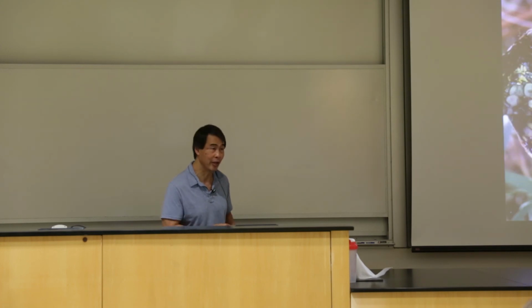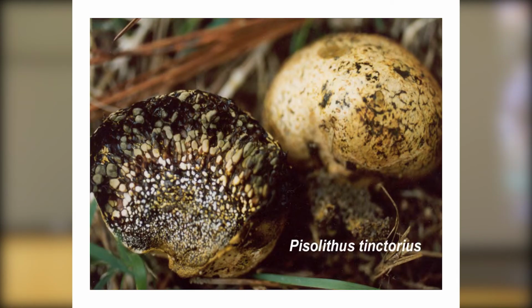Okay, now this one is very, very common. It's mycorrhizal with eucalyptus. This unattractive looking thing, this is what it looks like when you cut it open, is Pisolithus tinctorius. And this is unusual because these little packets in here, that's where all the spores mature. It's not like there's a whole area that is made up only of spores. They're divided into these discrete units that contain the spores.